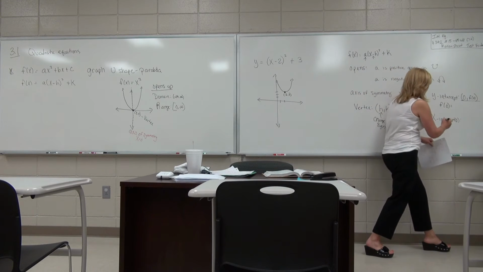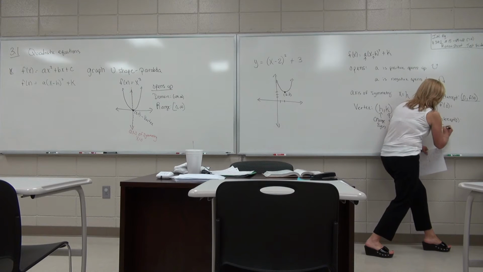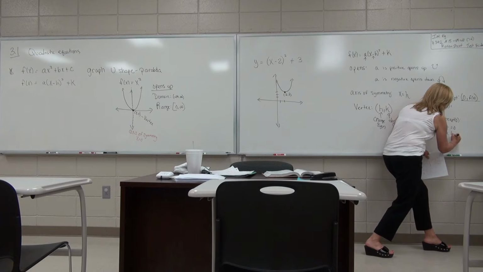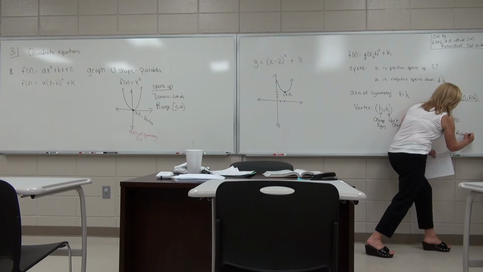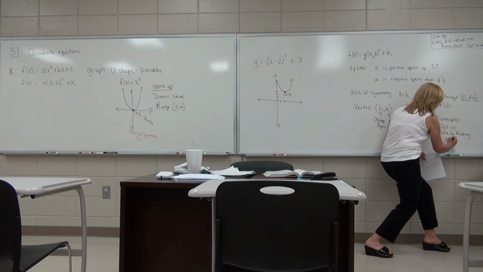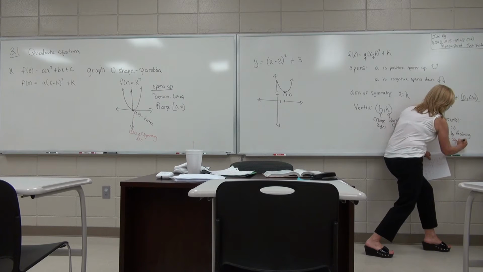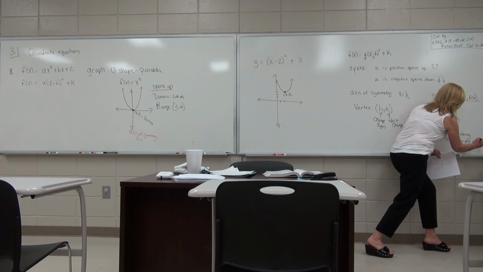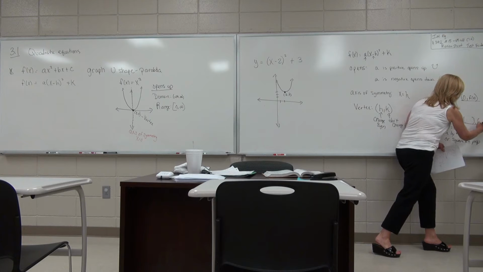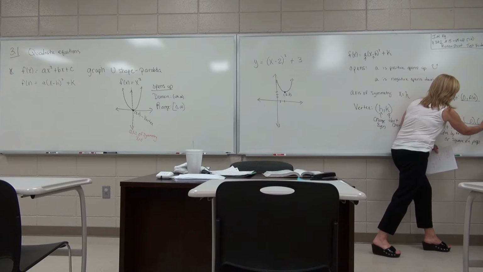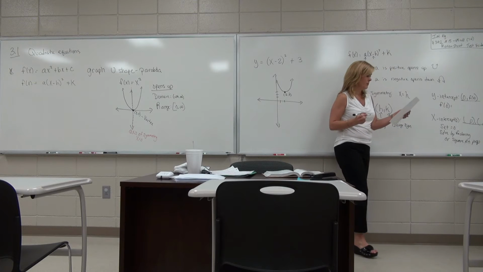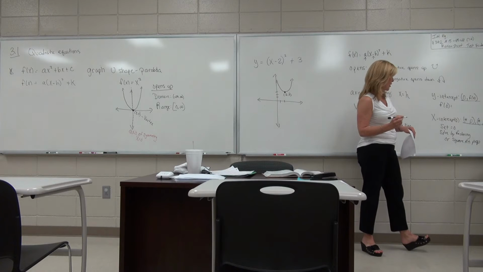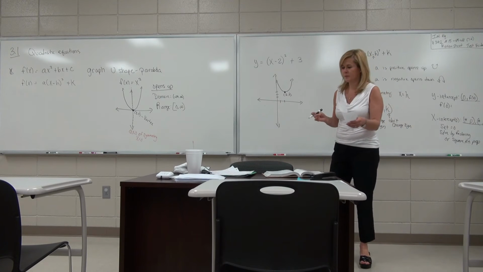So for your x-intercepts, you're going to set your equation equal to 0, and you can solve by factoring, or if it's in this form, we'll solve by square root property. Okay, but you'll usually have 2 of these. This one, y is 0. So this is when you set your function equal to 0.